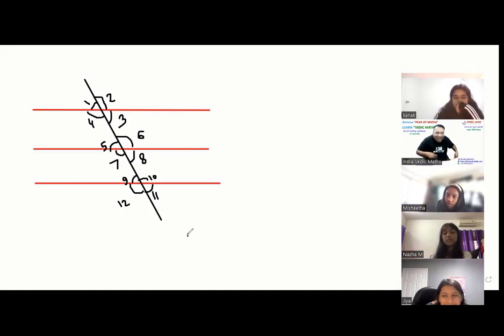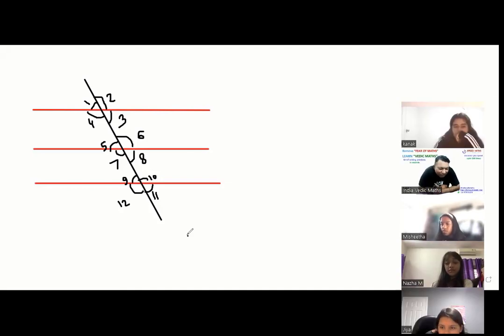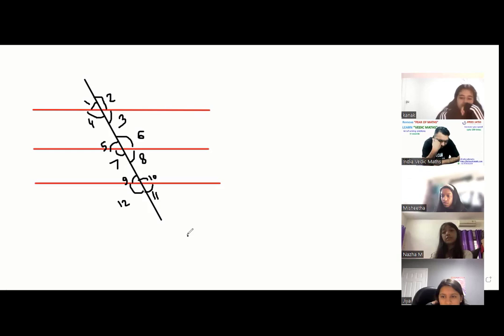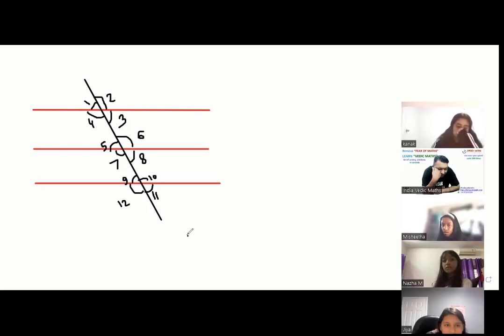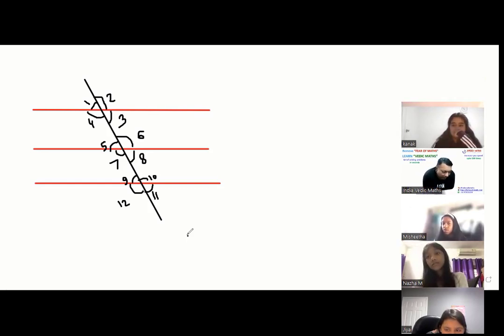Dhruvansh, tell 2 pairs of alternate angles. Sir, 3, 5 and 2, 7. Very nice. Naja, will angle 6 and angle 2 be equal? Yes. Correct. Why?